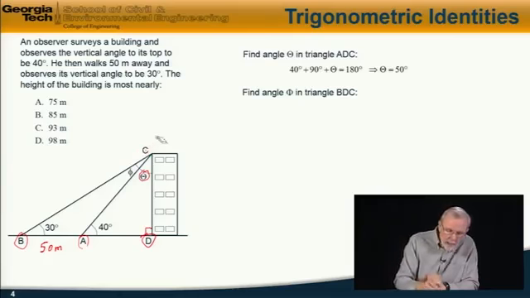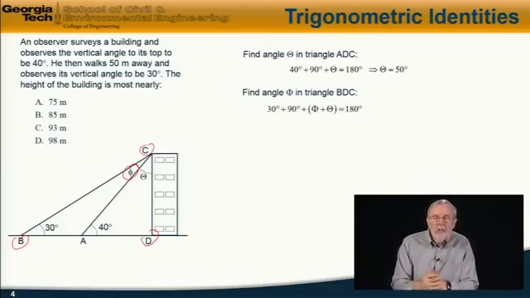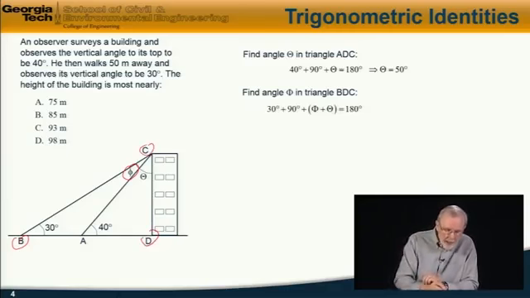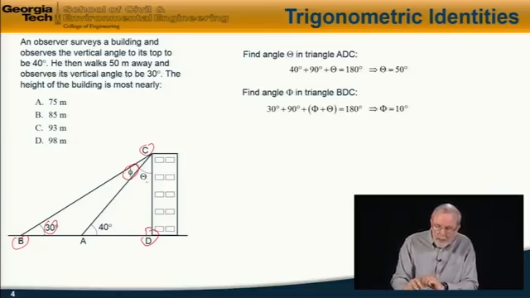Next, we want to find the angle phi by observing the triangle BDC. And again, the sum of the angles in that triangle is equal to 180 degrees. Therefore, 30 plus the right angle plus phi plus theta is 180. And we already know theta, so therefore the angle phi is 10 degrees.